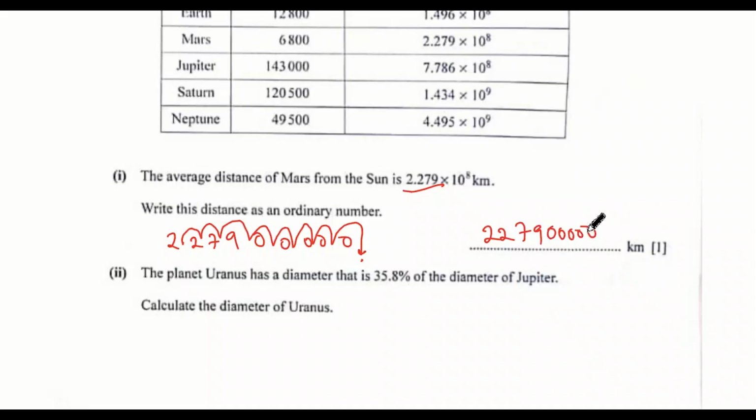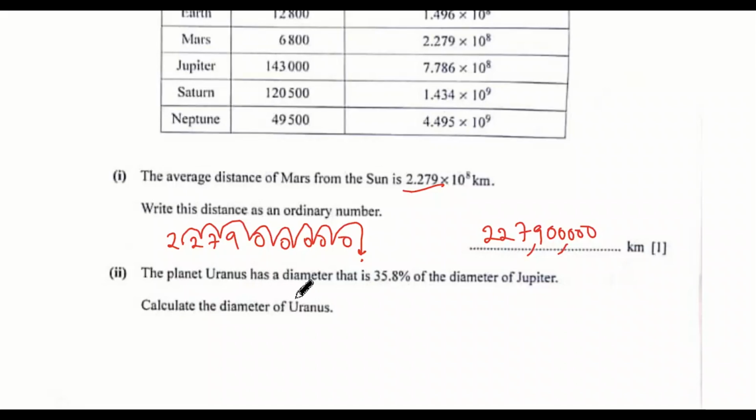So that will be 227,900,000. Roman figure 2. The planet Uranus has a diameter that is 35.8% of the diameter of Jupiter.